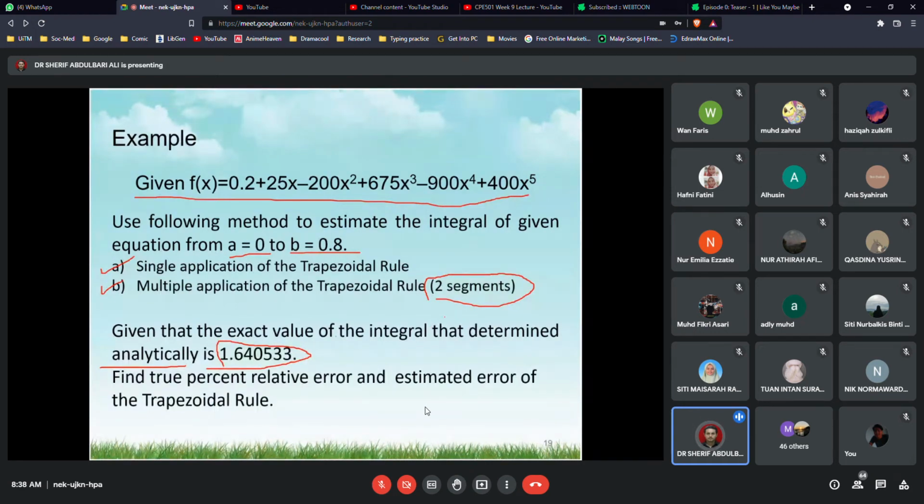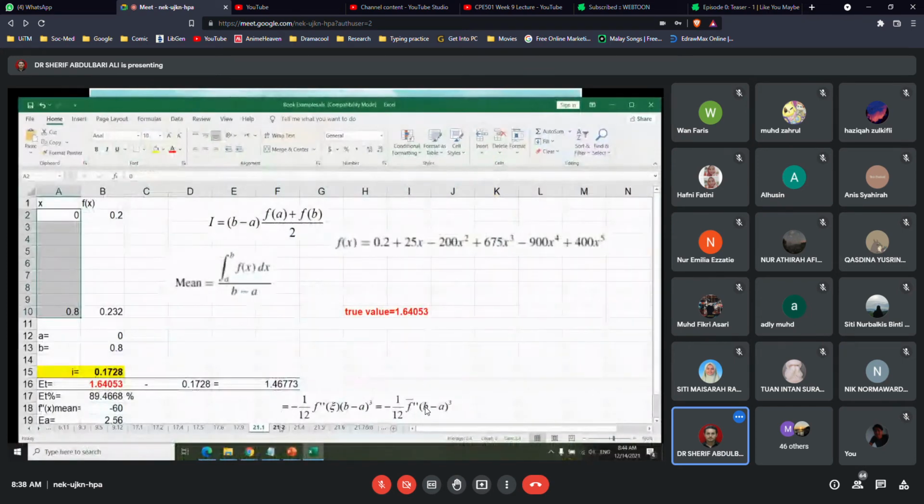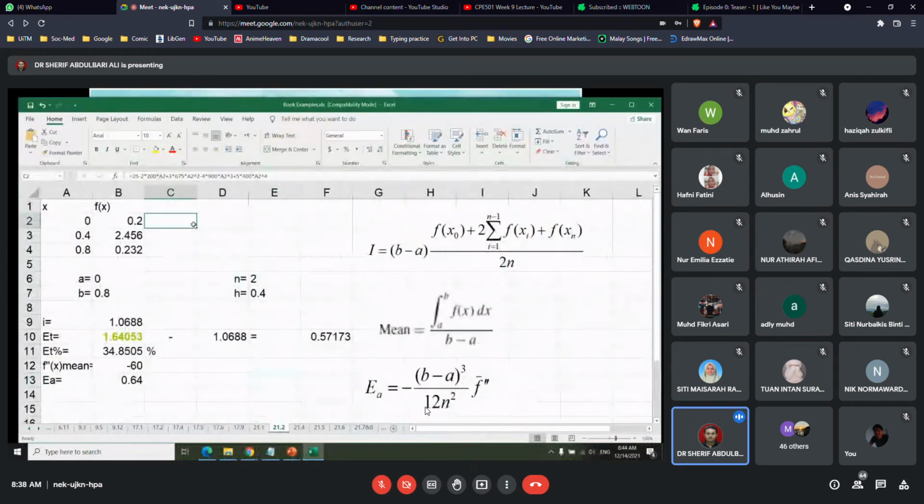So to do this with 2 segments, this is the way. Our limits are from 0 to 0.8. So from 0 to 0.4, this is considered my first segment, and from 0.4 to 0.8, this is considered my second segment.